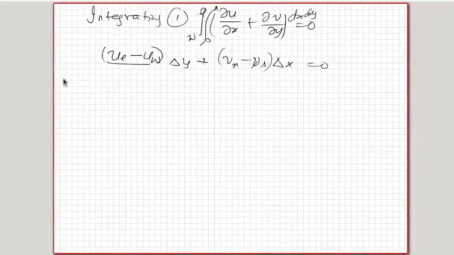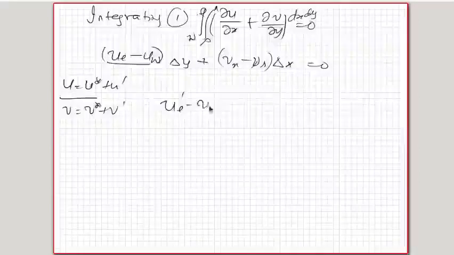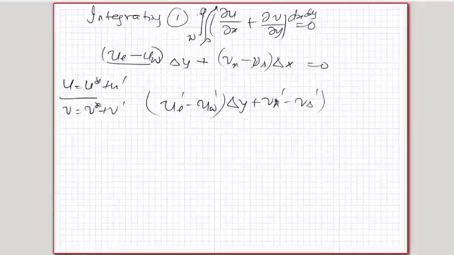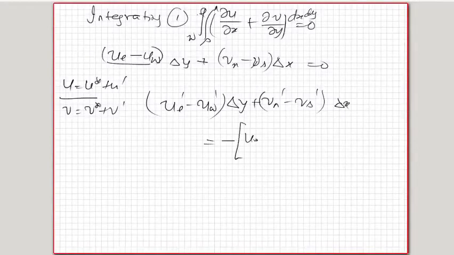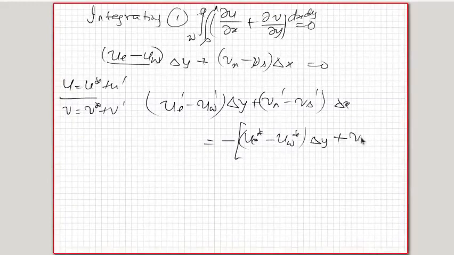So if I write u is equal to u star plus u prime, and v is equal to v star plus v prime, then I'll get ue prime minus uw prime into delta y plus vn prime minus vs prime into delta x is equal to negative of ue star minus uw star into delta y plus vn star minus vs star into delta x.